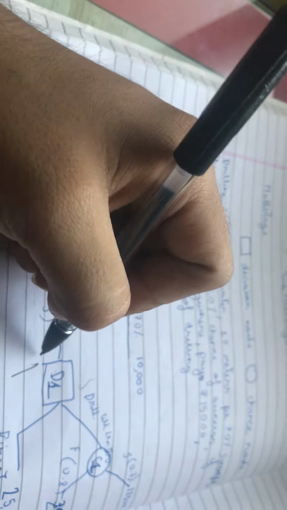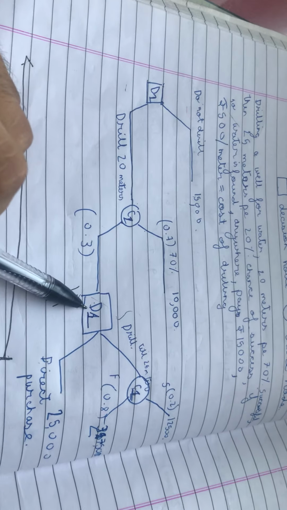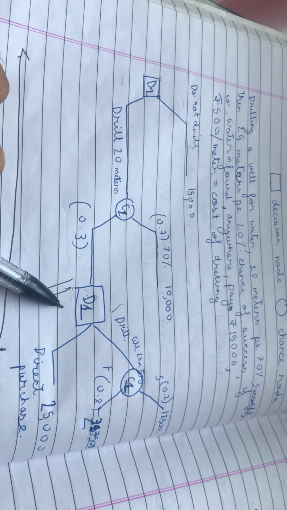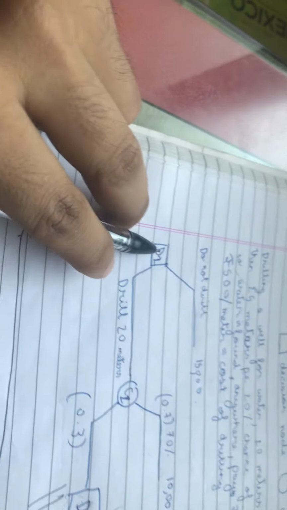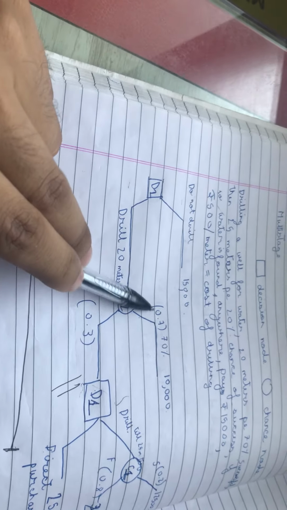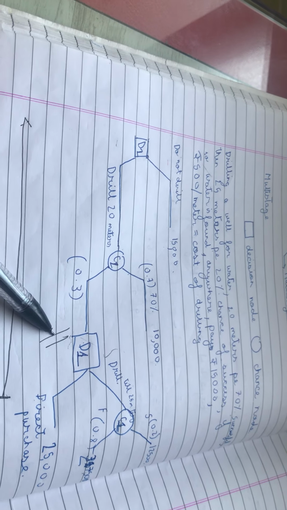But if I don't find water, I don't know my cost. How will I know my cost? If I don't know at this point what decision I'm going to take, how will I know what cost I'm going to incur? Here I know that this is a decision and this is the cost. This is the decision and then this is the cost after the chance. But here I don't have a cost.